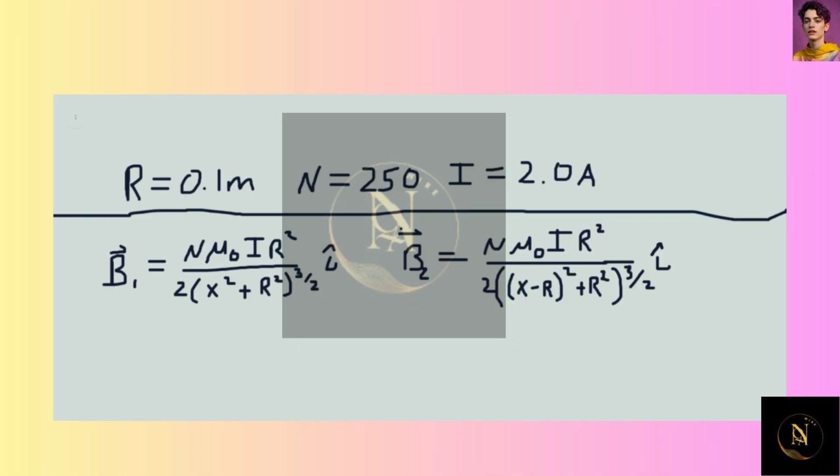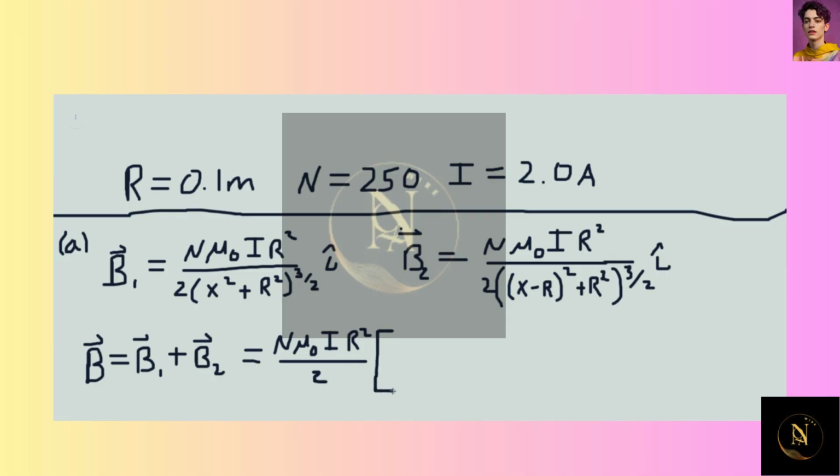So then the total magnetic field at that point, this is what we're asked to find for part A, we can define as B, and it's simply equal to B1 plus B2. So n, mu naught, I, r squared, and the 2 are all the same in both, so we can pull those out front. So we have n mu naught times I, r squared over 2. And then in the brackets, we can put everything else.